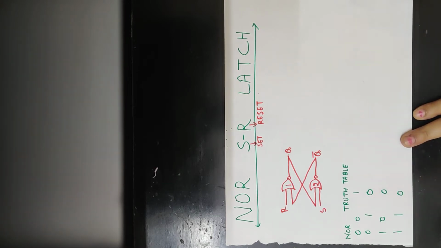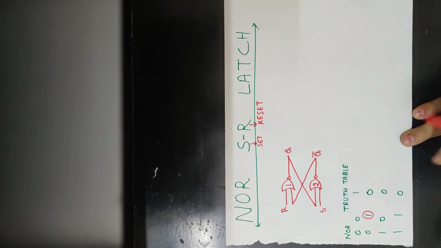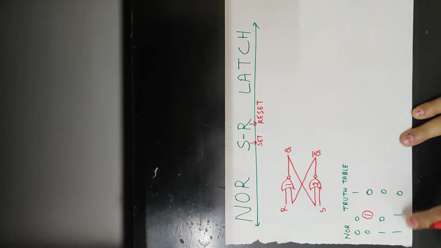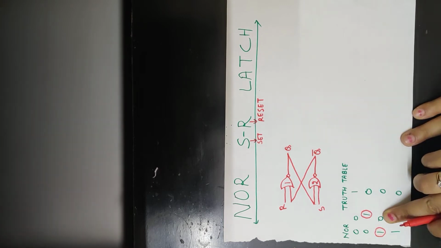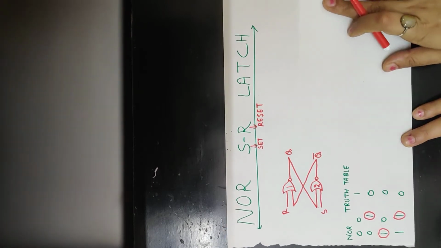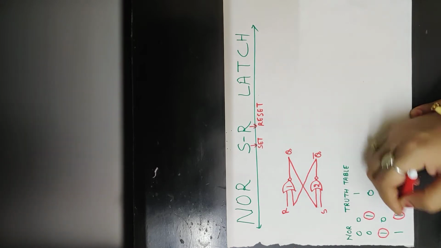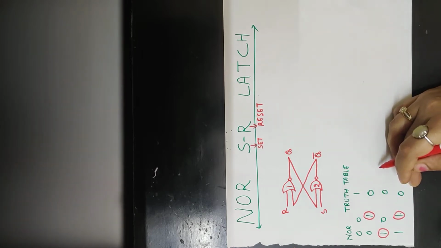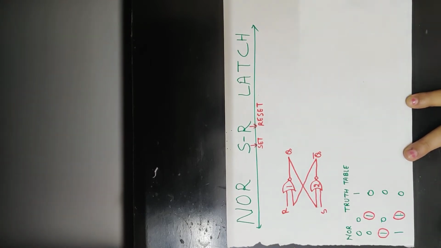Now it is very clear from this truth table that if any one input is 1, whatever may be the other input, it may be 0, it may be 1, output will always be 0. So if any of the inputs is 1, output will always be 0, and if both the inputs are 0, output will be 1. Clear?